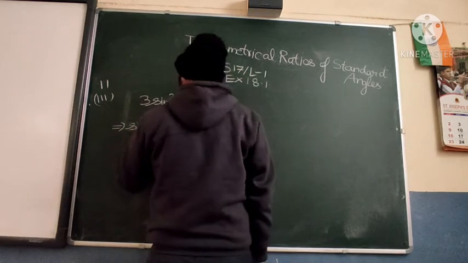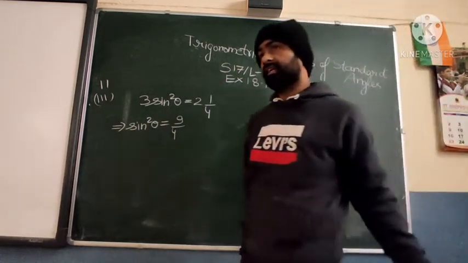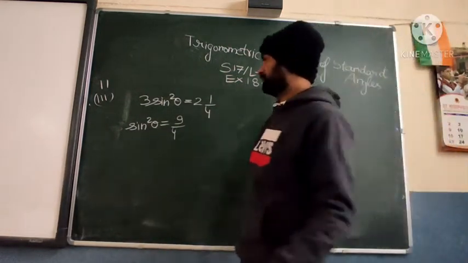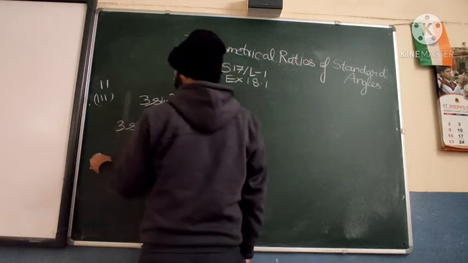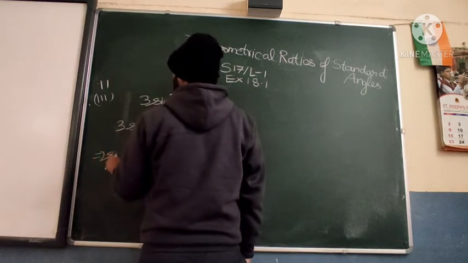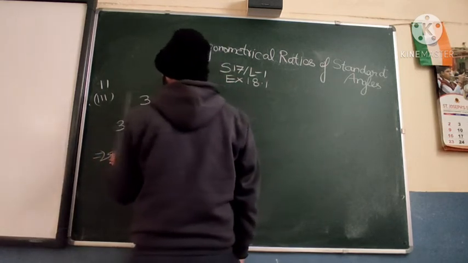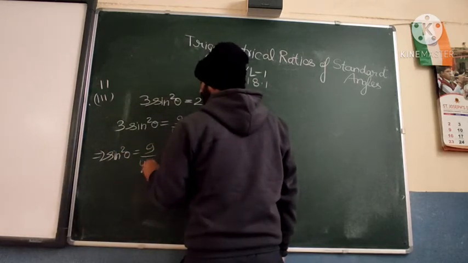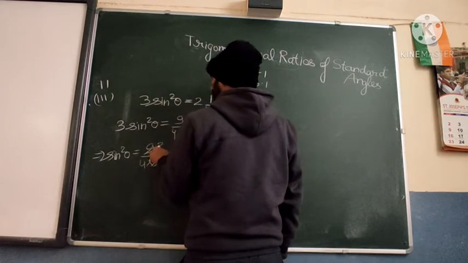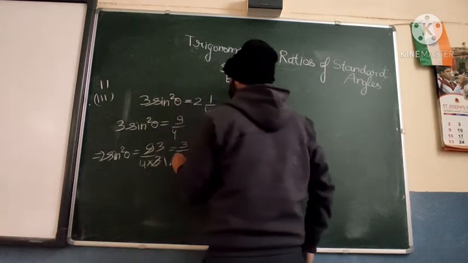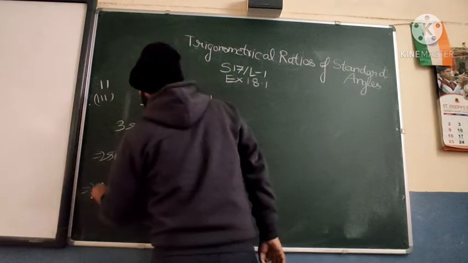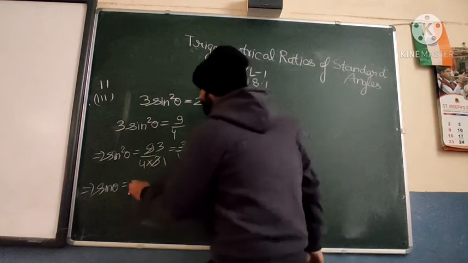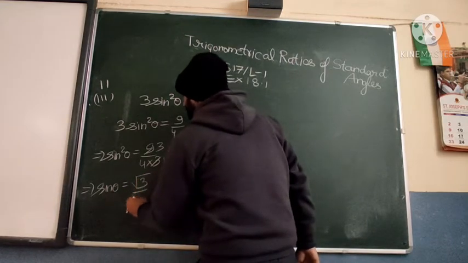Then sine square theta is equal to 9 by 4 into 3, that means 3 by 4. This implies that sine theta, taking the square root of this, will be root 3 by 2.